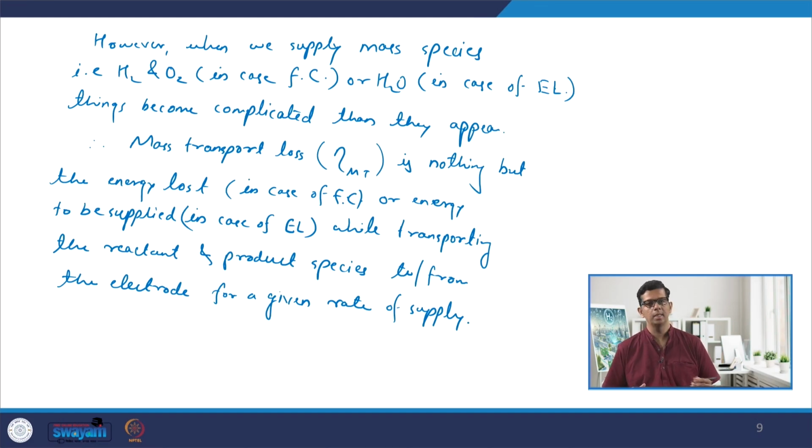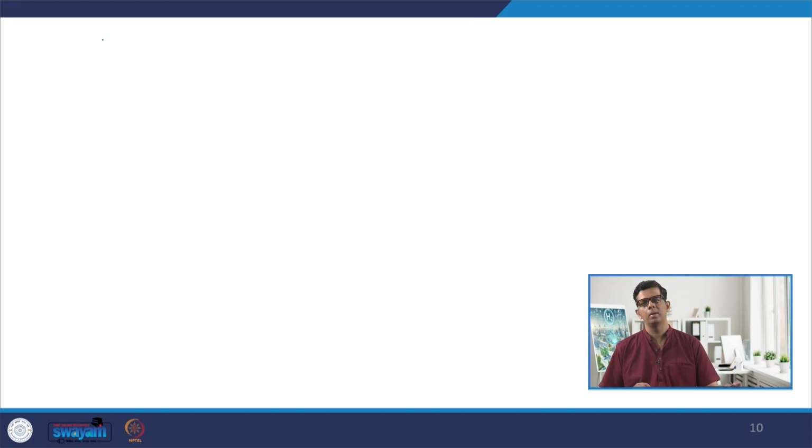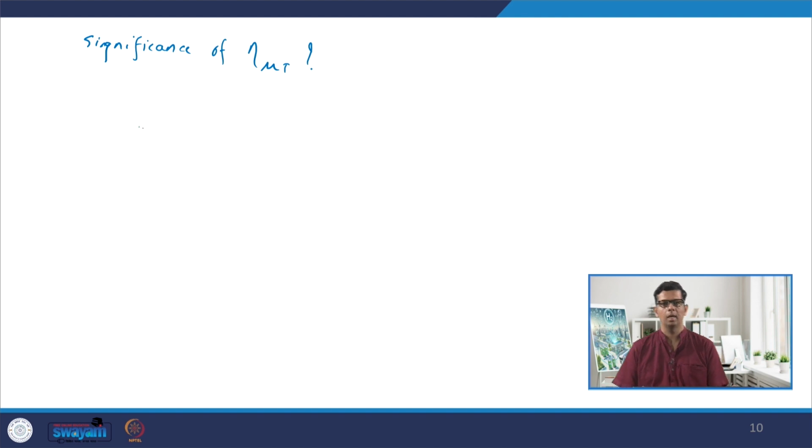That energy is nothing but the mass transport loss. So, although it appears very simple, it is not. So, let us understand why it is so important. So, the significance of eta mass transfer, or overall the species that are made available at the reaction sites.